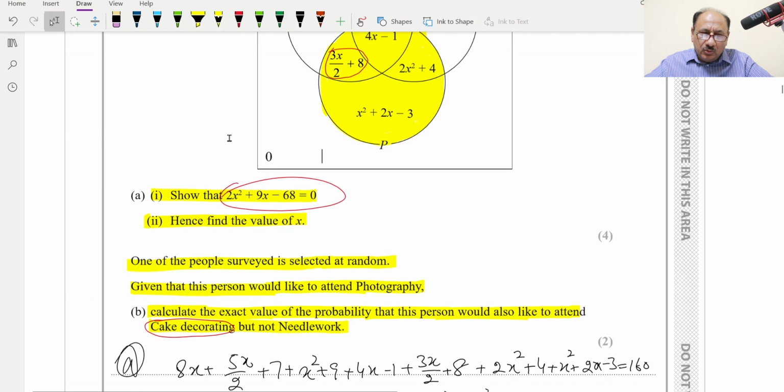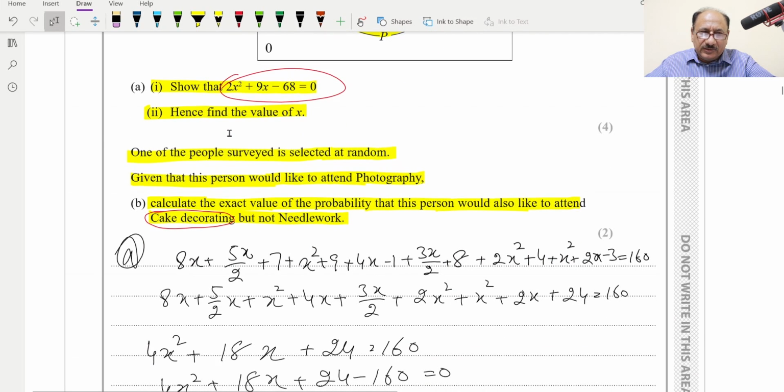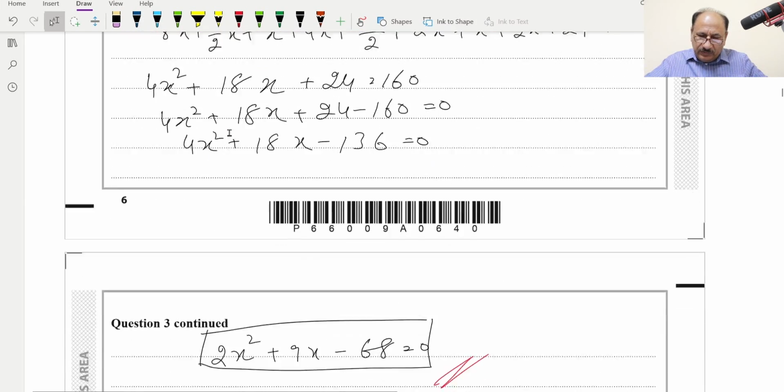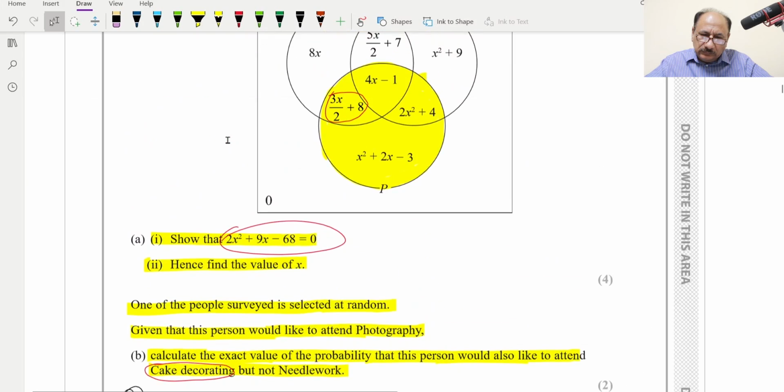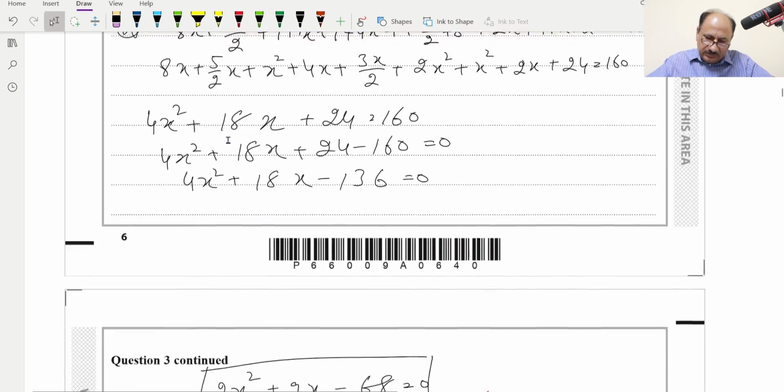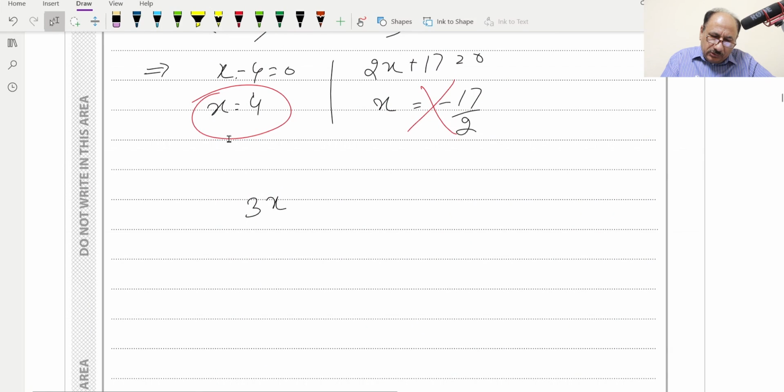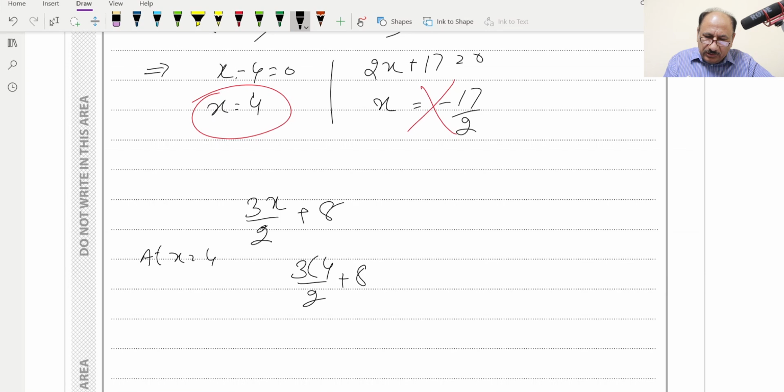So 3x by 2 plus 8, so we will write 3x by 2 plus 8, at x is equal to 4. 3 into 4 over 2 plus 8, and this will be equal to 12 over 2 will be 6. 6 plus 8 will be equal to 14.